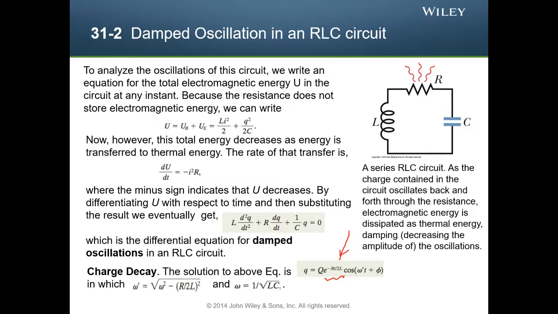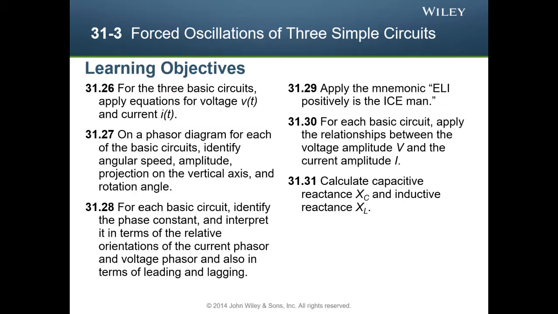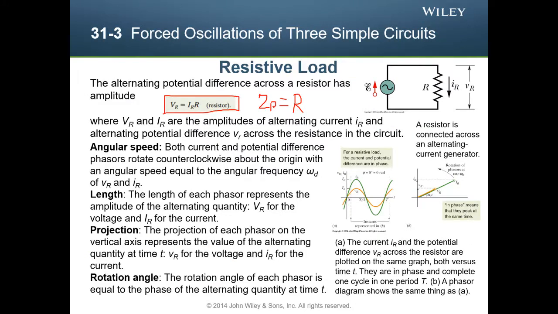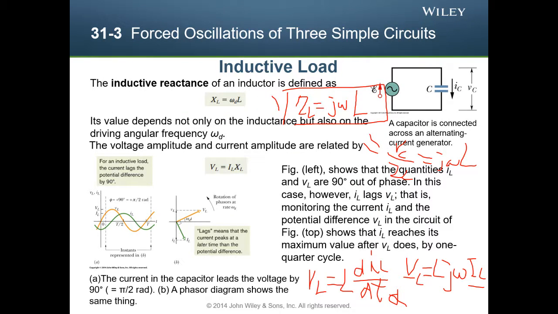So it usually decays and will diminish after a long time. So only the steady state response will still be there. And phasor is a way to calculate the steady state response.